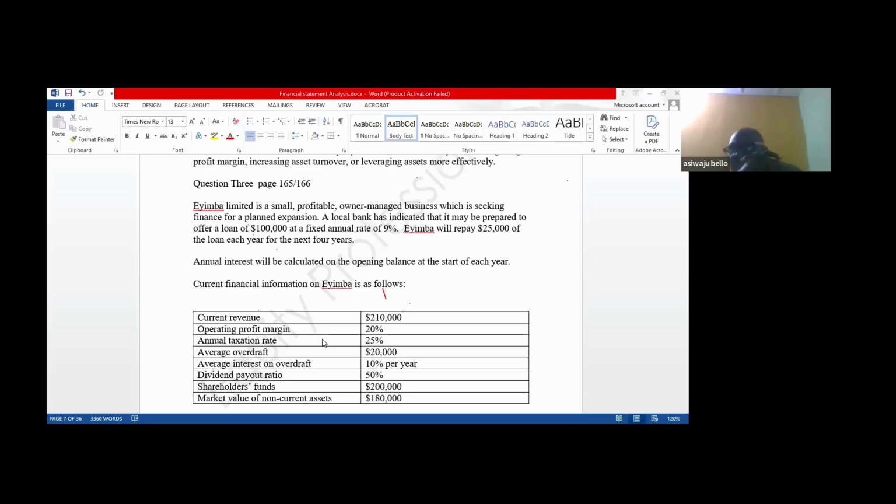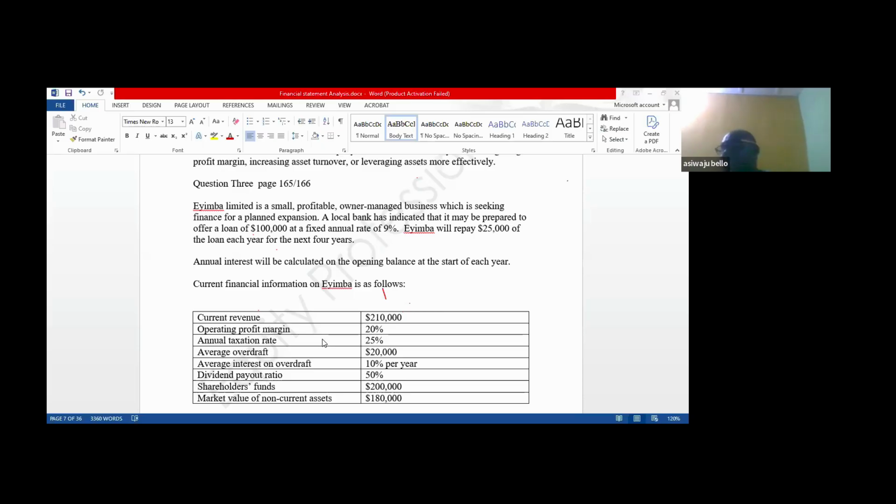Eyimba will repay $25,000 of the loan each year for the next 4 years. Annual interest will be calculated on the opening balance at the start of each year.